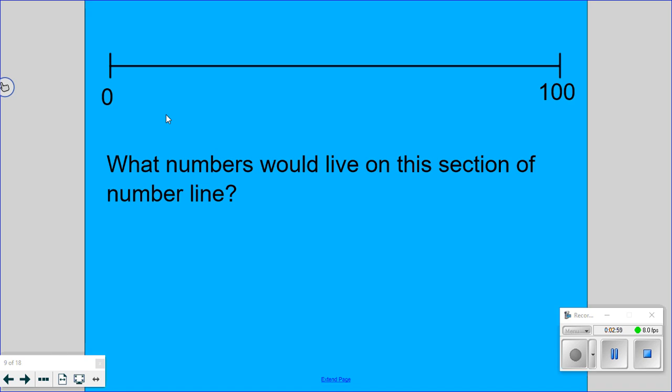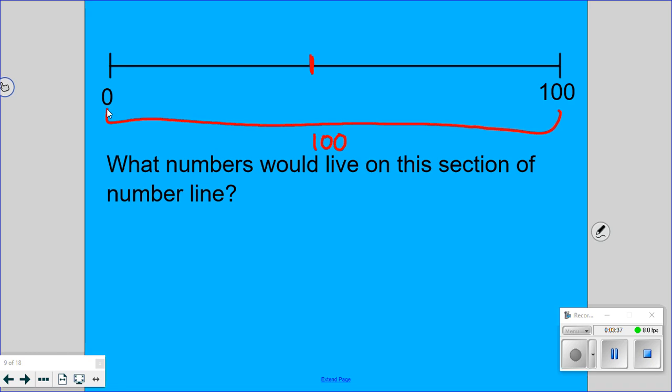How many numbers are going to live on this number line? If I were to put them all on there, how many would be there? John? 100 numbers. Sure. We need a midway point. There are 100 numbers here. We need a midway point to help us organize our number line.